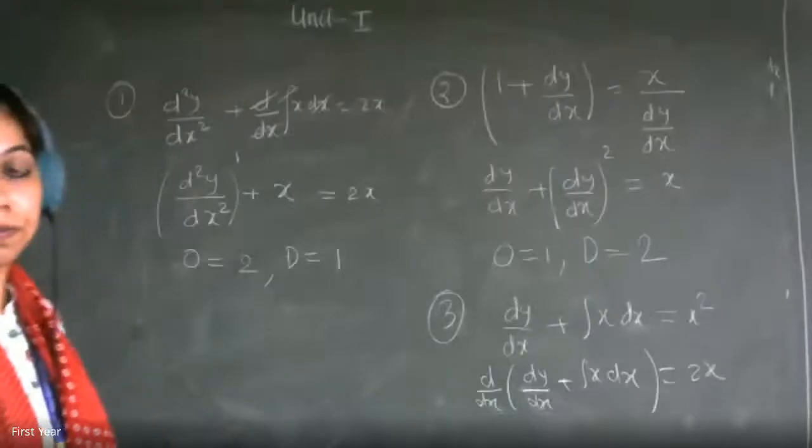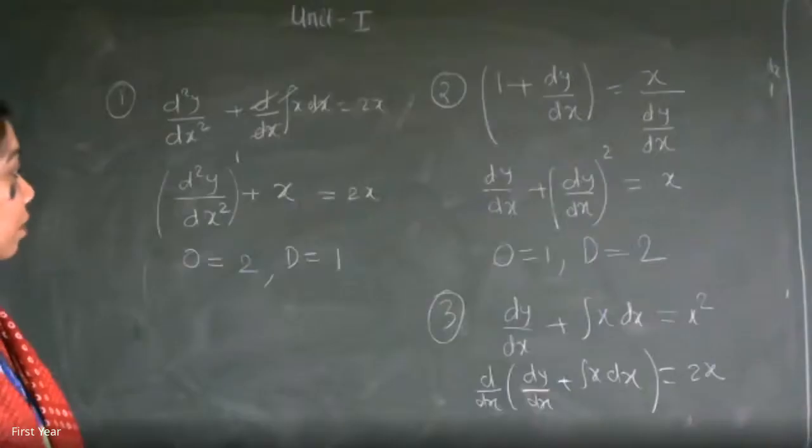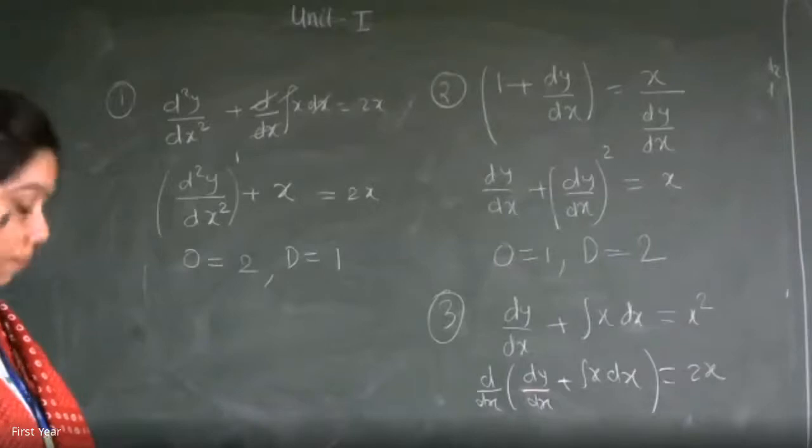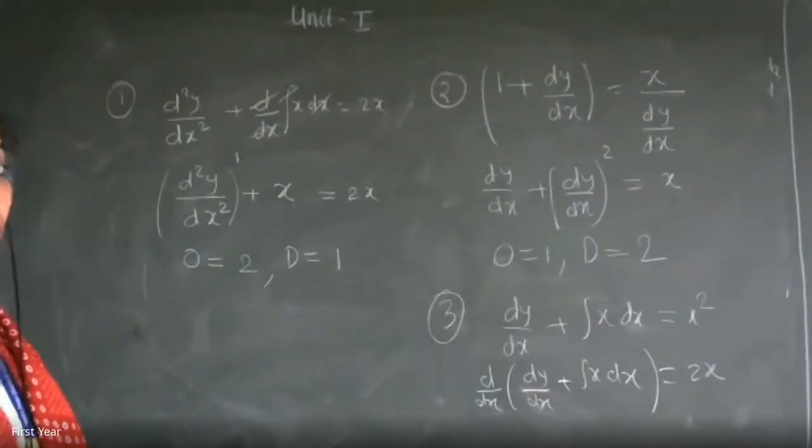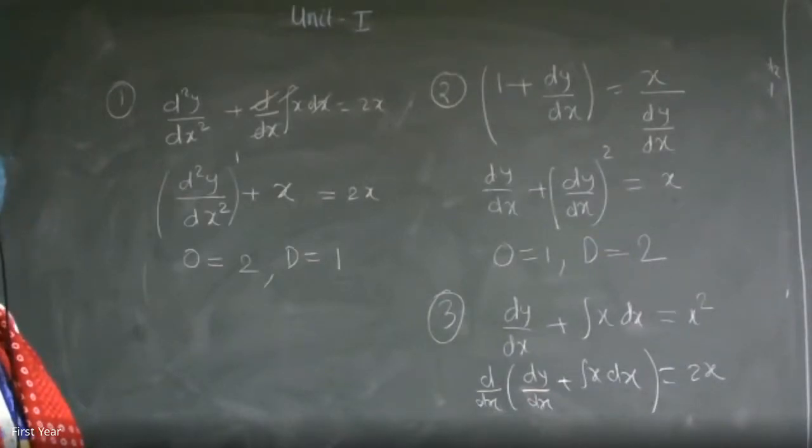Why can't we write the value of integral x dx as x square by 2 and then solve? If you want to form the differential equation, then you have to remove it.